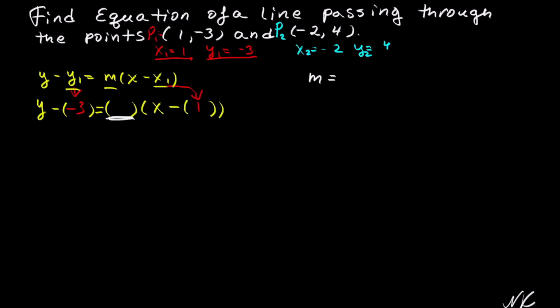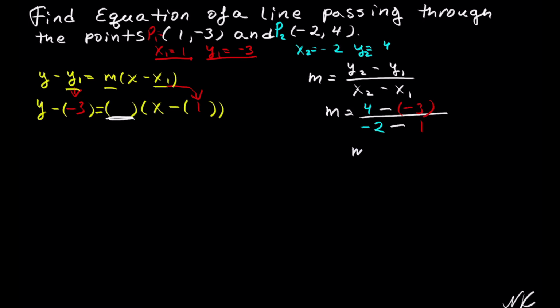So slope is y2 minus y1 over x2 minus x1. We are given 2 points, so we can calculate the slope. Slope is equal to y2, which is 4, minus y1, which is -3, so -3 inside of the parentheses, over x2, which is -2, minus x1, which is 1.